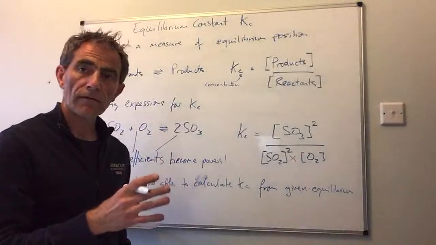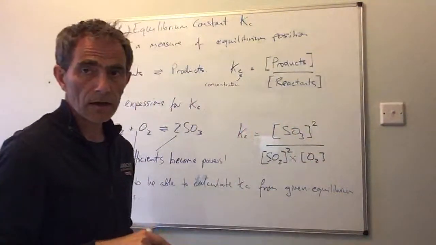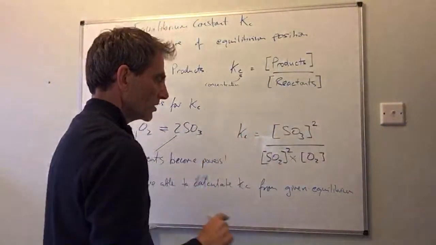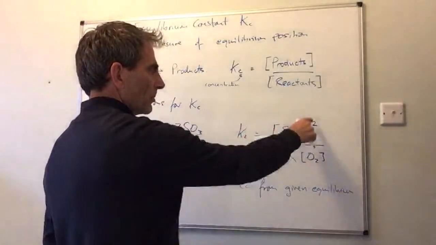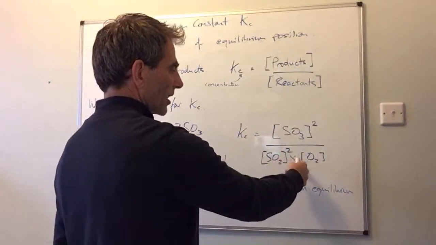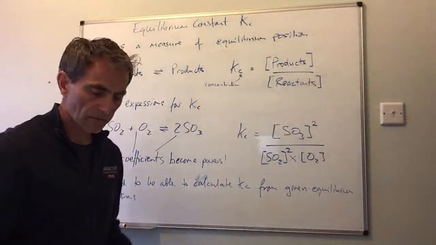At year 12 level, you will be told what the equilibrium concentrations are. So all you have to do is establish the Kc expression, put the numbers in, remember about the power business, and don't put a plus between terms, it's always multiplied, and you've got to be able to calculate Kc, okay?